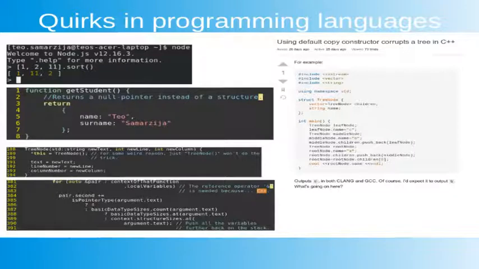Up left, you have one of the quirks in JavaScript, which is rather weird: sorting numbers using the sort method of the array class sorts them alphabetically rather than by value.